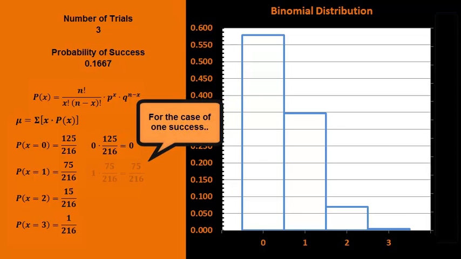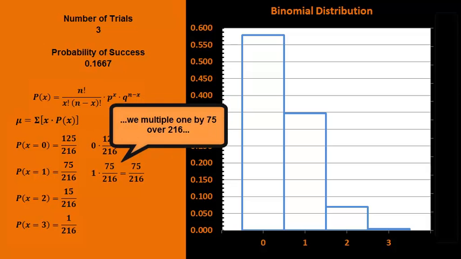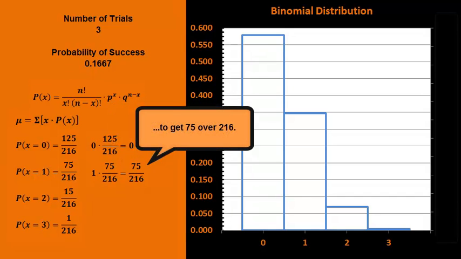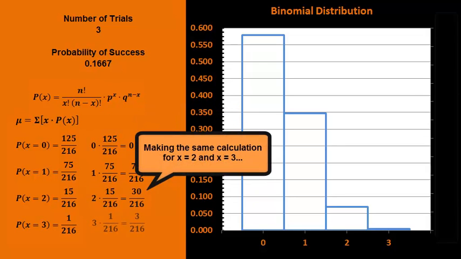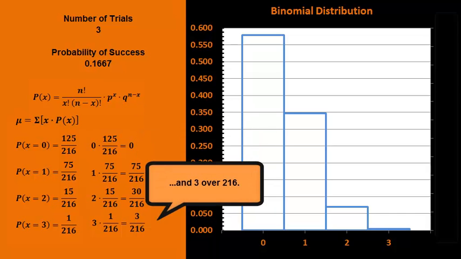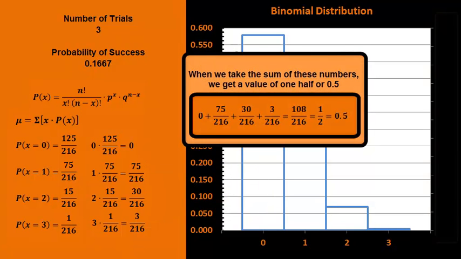For the case of 1 success, we multiply 1 by 75 over 216 to get 75 over 216. Making the same calculation for x equal 2 and x equal 3, we get the results of 30 over 216 and 3 over 216. When we take the sum of these numbers, we get a value of 1/2 or 0.5.